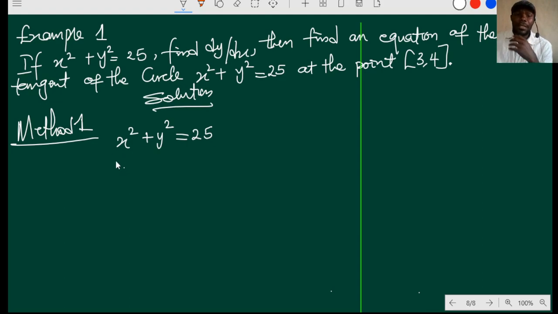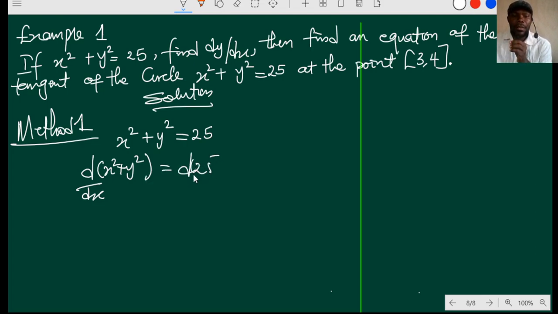When you want to solve this, you take the derivative of x squared plus y squared with respect to x, and you do the same to the right side with respect to x. Now, in differentiating y, there is something I would like you to know. I want to differentiate this y with respect to x.